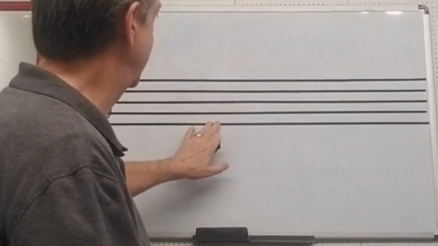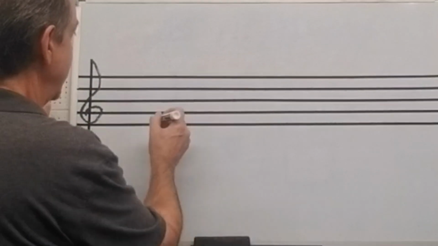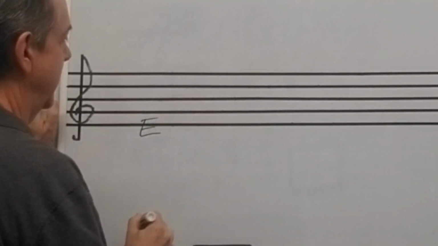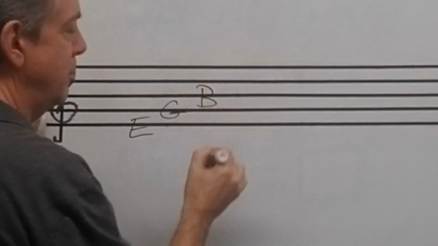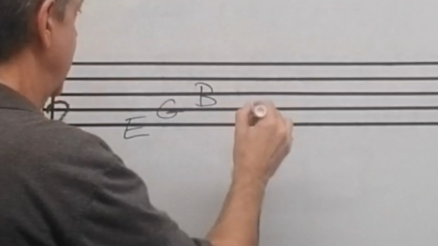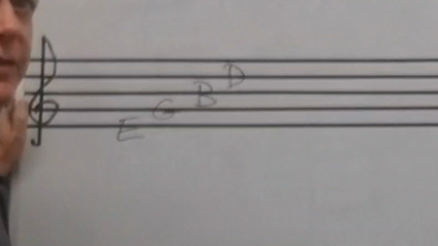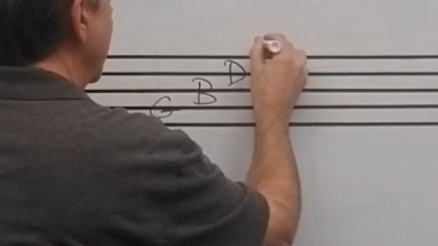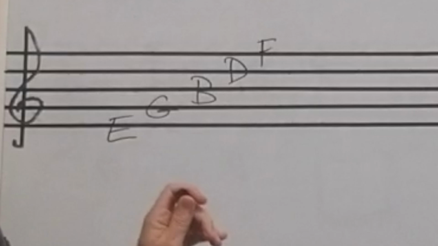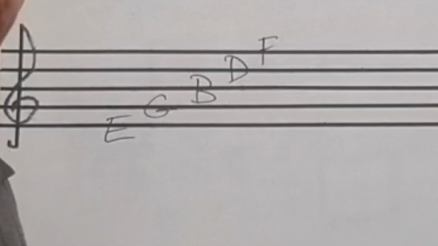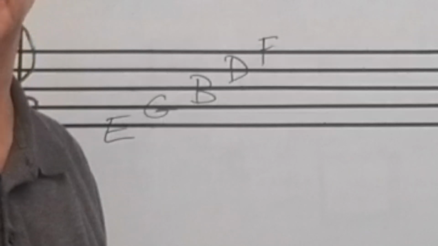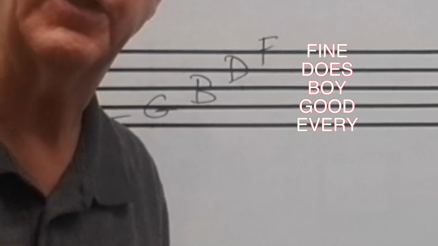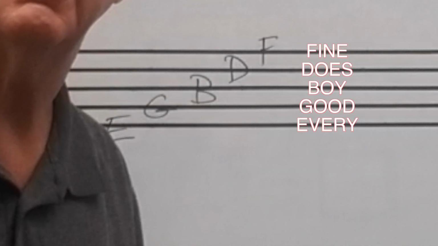All right, so here we go. On the treble clef, the bottom line is an E, and then the next line is a G. The third line, or the middle line, is called the B. The 4th line is the D, and the 5th line, or the top line, is called F. Now, in school, I had to just memorize an easy phrase: every good boy does fine.